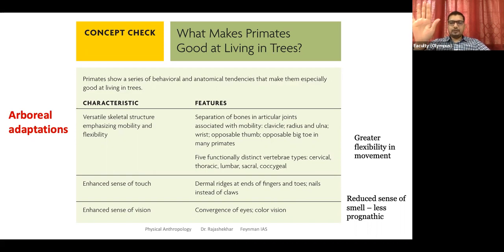We'll see in the primate comparison, our big toe more or less sits in the same line with the other fingers of the foot. Correct? Because we live in terrestrial areas, we don't need an opposable toe for that. Whereas those that live in arboreal areas or live on trees require an opposable big toe. Opposable thumb and opposable big toe are also arboreal adaptations.